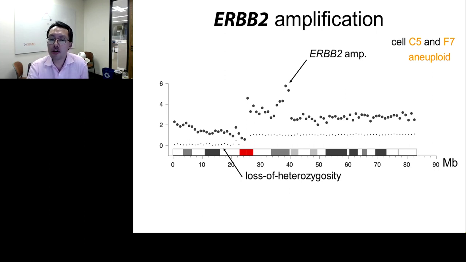So what this data showed us is that the dynamic evolution of an unstable genome might have already occurred in a high-grade dysplasia, and some cells, after they have acquired hallmark events, in this case, the amplification of the ERBB2 locus, would have the potential to develop into more malignant and invasive disease.